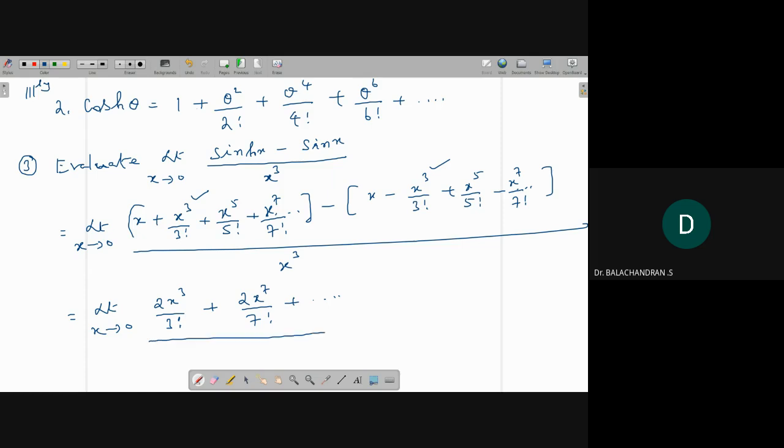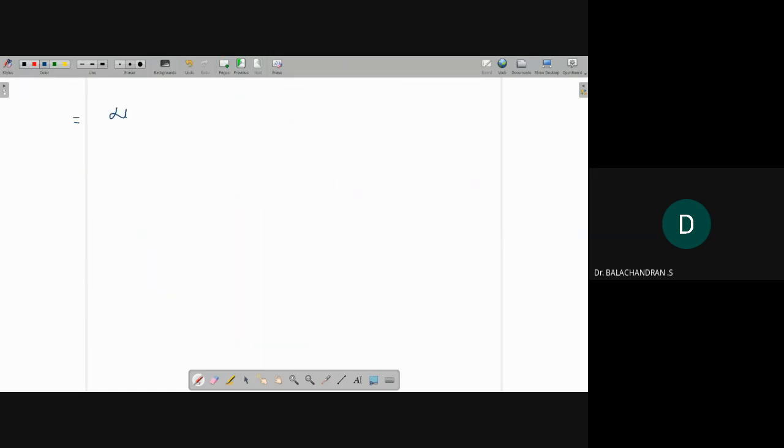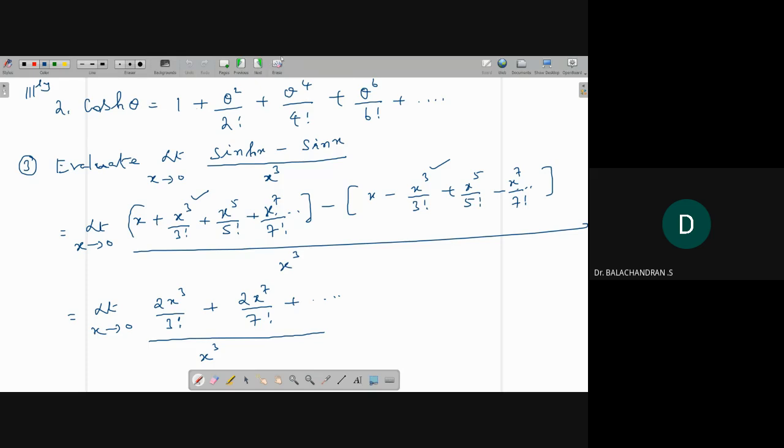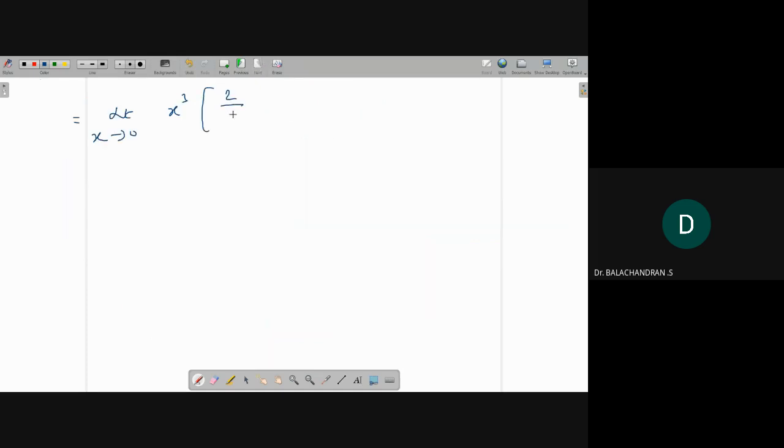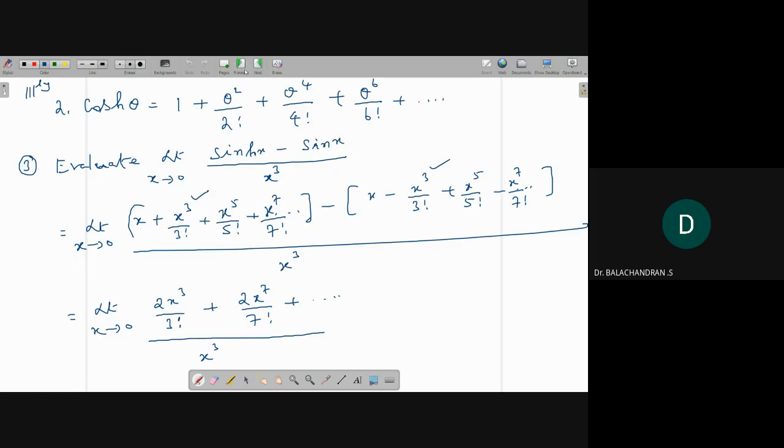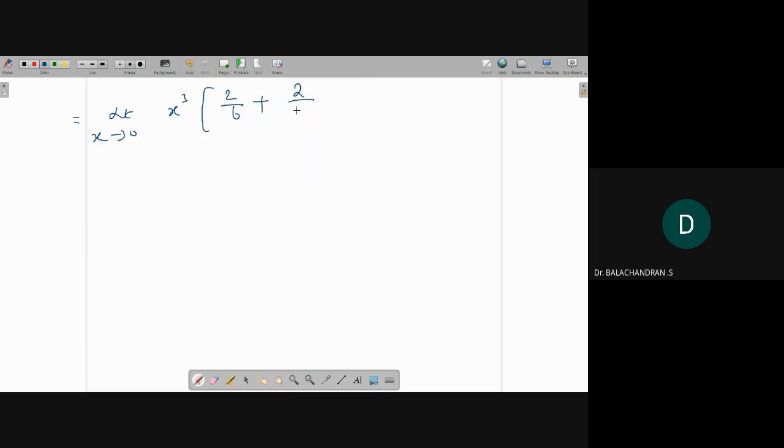Divided by x cube. Take x cube common in the numerator and then allow x tends to 0. That is 2 by 3 factorial, which is 2 by 6, plus 2 by 7 factorial into x power 7, because anyway this is going to 0, divided by x cube.